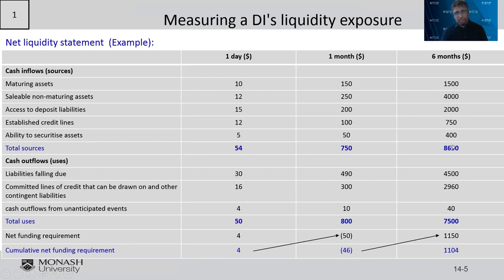And then you have the sources of 8650, uses 7,500, the difference is 1150. So the cumulative over 1 day is 4, for 1 month, 46. For 6 months, if you take it all this time, it will be 104.